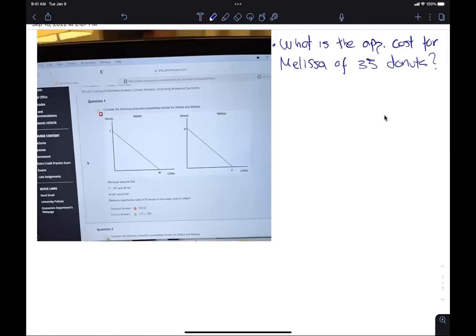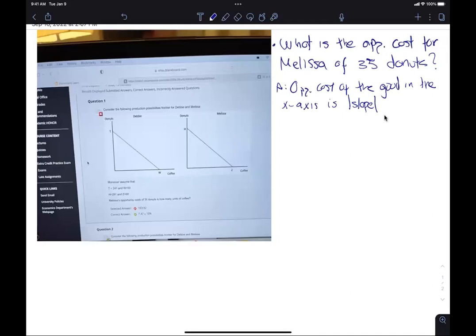So how do I answer this question? You gotta remember, and that's in the notes, and if you're doing a cheat sheet, this is the kind of stuff you want to have in there. The opportunity cost of the good in the x-axis, meaning the horizontal axis, is the absolute value of the slope.